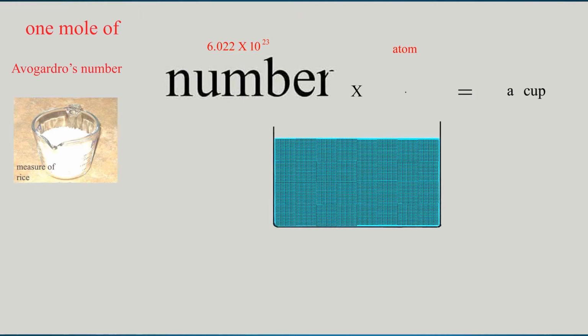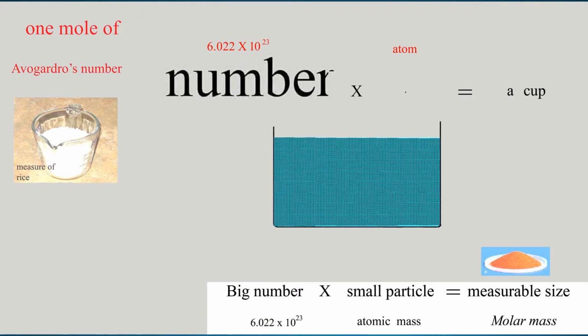And we don't ask our mom, can I have 500 grams of rice for dinner? Same principle. So you will see this big number, the mole, times the small particle, the weight of a single atom. If you multiply these two together, it will give you a size you can measure.